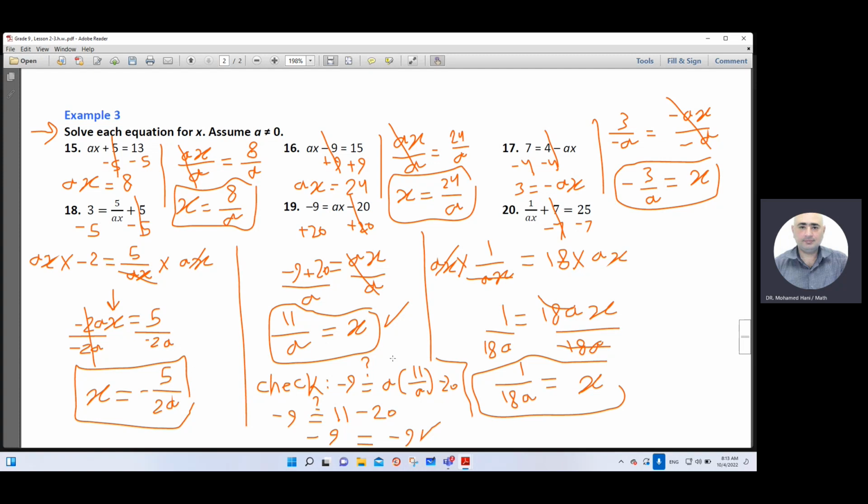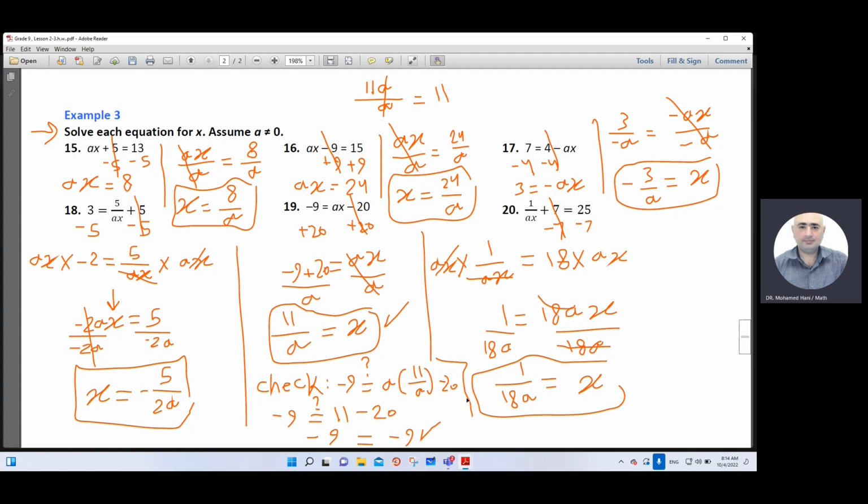Okay. You can multiply with A. A divided by A. Or you can A times 11, 11A. Divide by A. A divided by A, 1 remains what? Remains 11. So remains here 11. Then you have here minus 20. 11 minus 20 will be what?